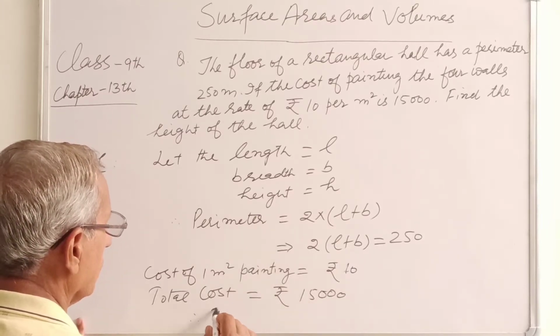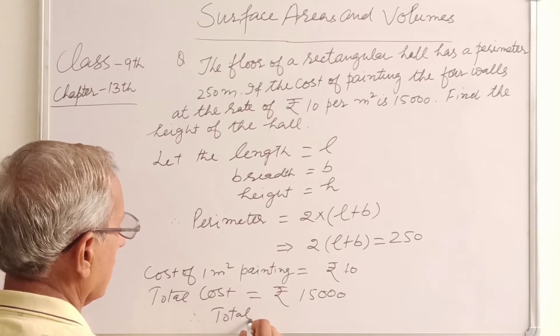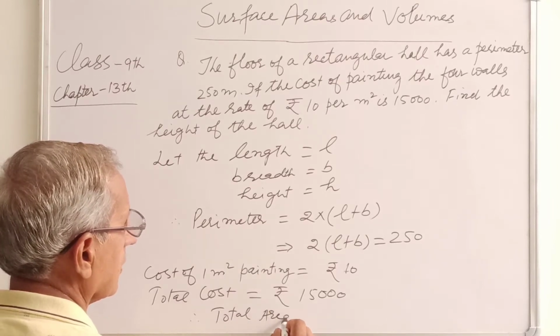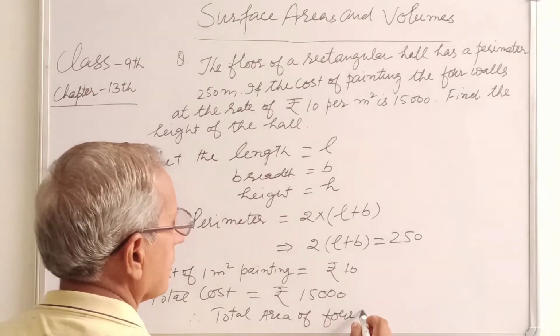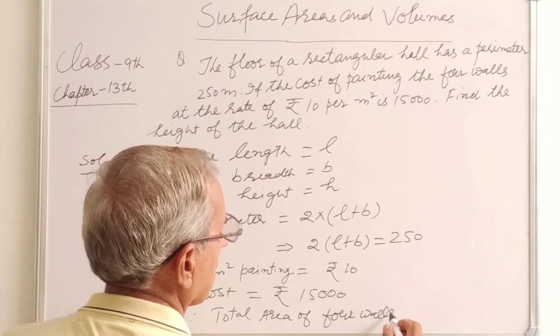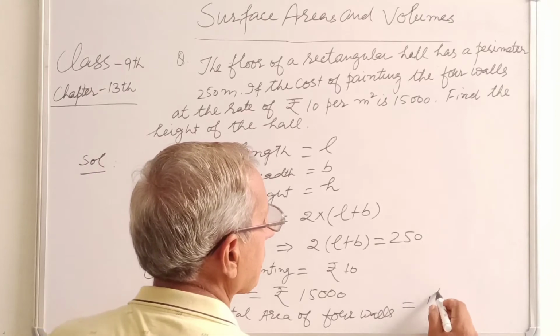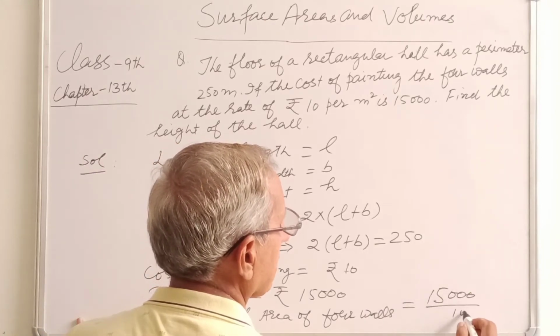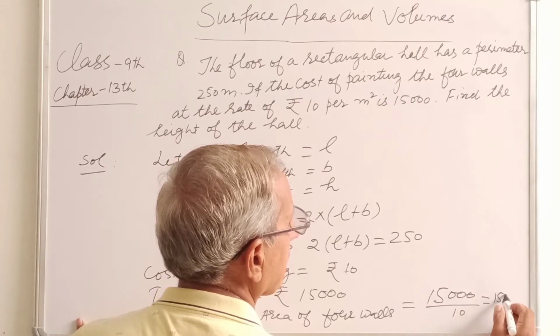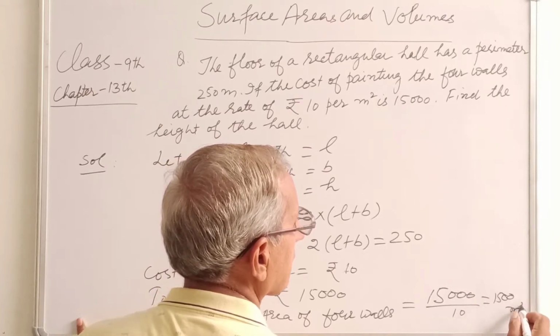Therefore, the total area of four walls will be 15,000 divided by 10. That will be 1500 meters square.